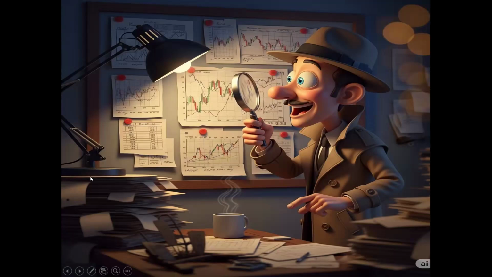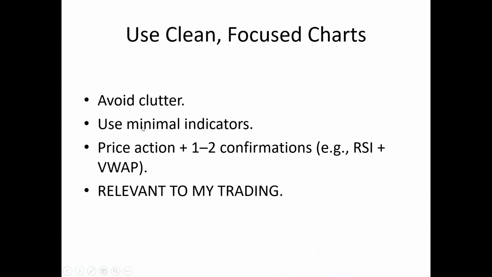So you should have a lens to see everything. This is how you need to be alert. You should know everything. Use a clean and focused chart. Avoid clutter. Many people, instead of focusing on the price action, put a lot of indicators on the chart. That is clutter.